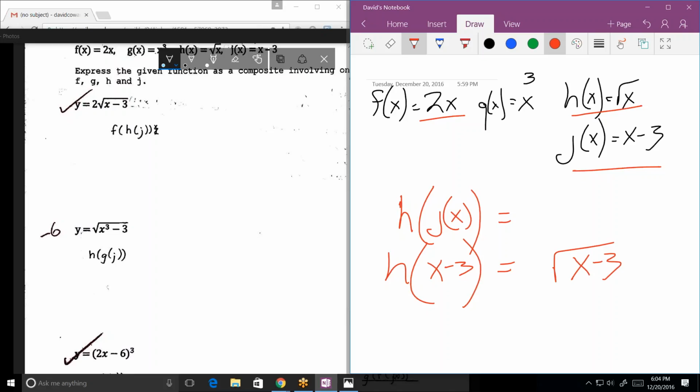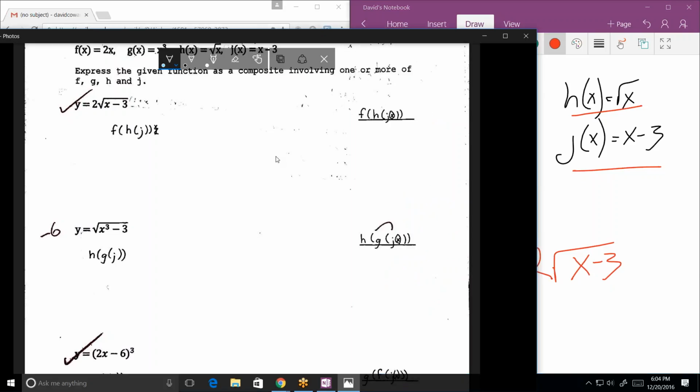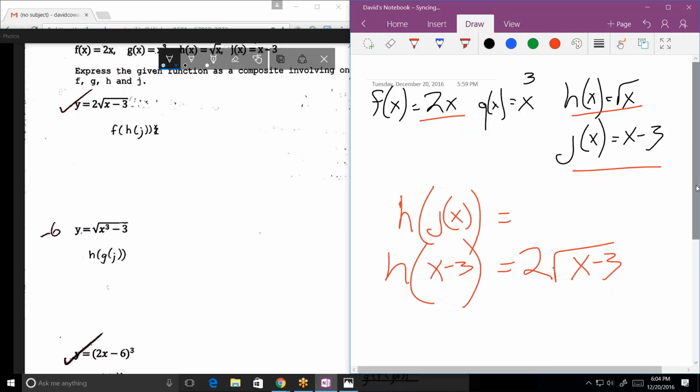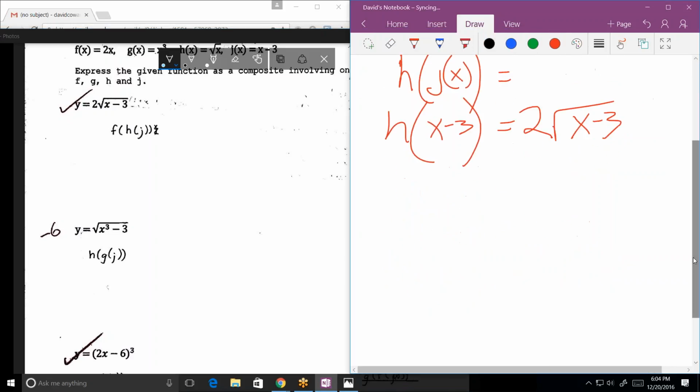So what do we need to do to the h function to make it equal this function we're looking at? Multiply it by 2. So the question is, here's what we really need.